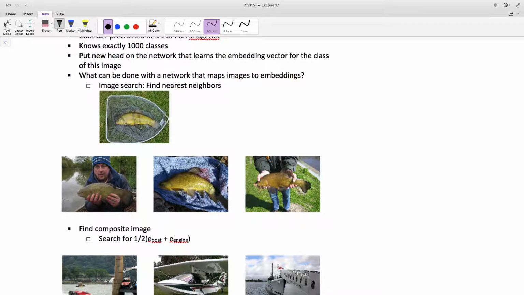Now, let's say we have one kind of fish in our categories, our 1,000 ImageNet categories. Is this fish going to have the same embedding vector as, let's say, a goldfish necessarily? No. A goldfish may be here, and this, I don't know what that is, and a true fish is up here.